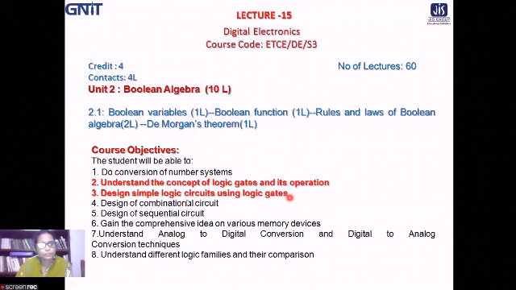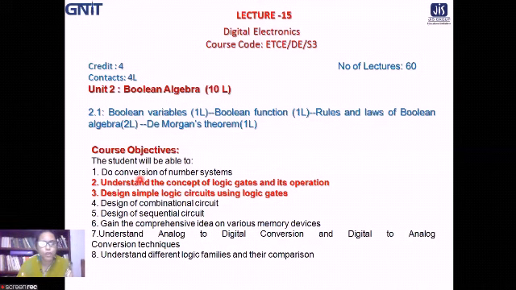So the logic gates can be applied using the Boolean functions. That is minimizing the functions, and after that you will be applying it with the logic gates. And for minimizing, we are using various laws of the Boolean algebra, like the De Morgan's law.